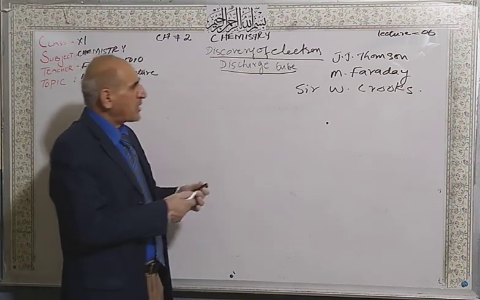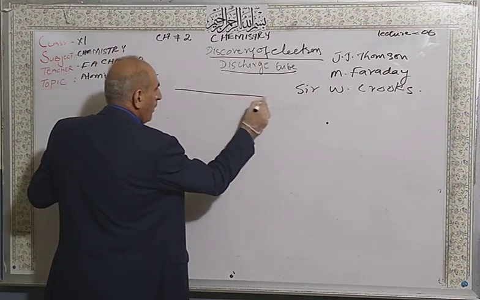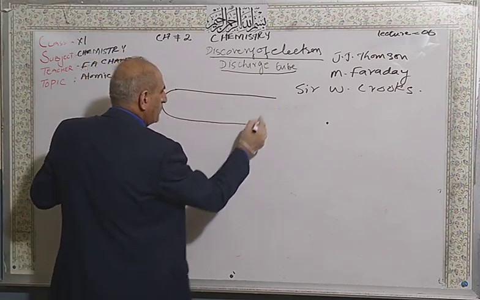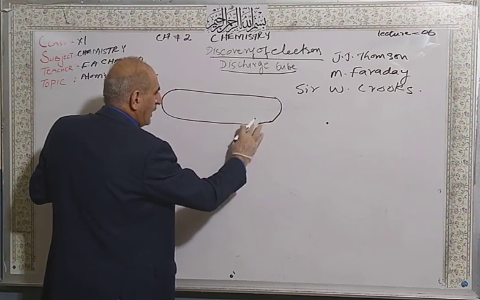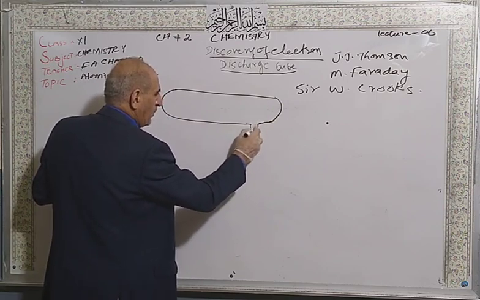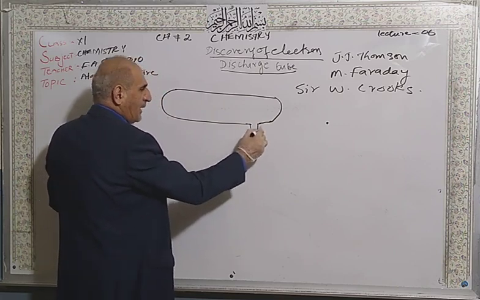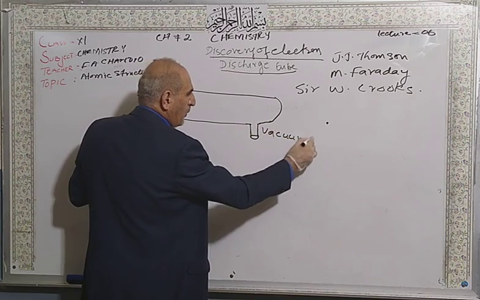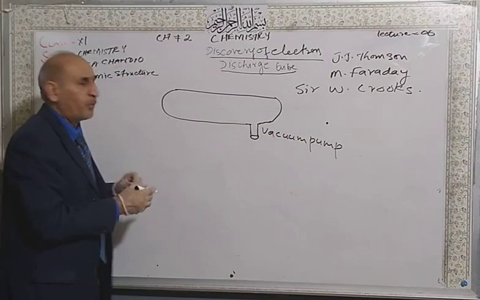Now in the discharge tube experiment, what did they take? They took the discharge tube. This is a discharge tube, and this discharge tube is connected to a vacuum pump. I will tell you what the use of the vacuum pump is.